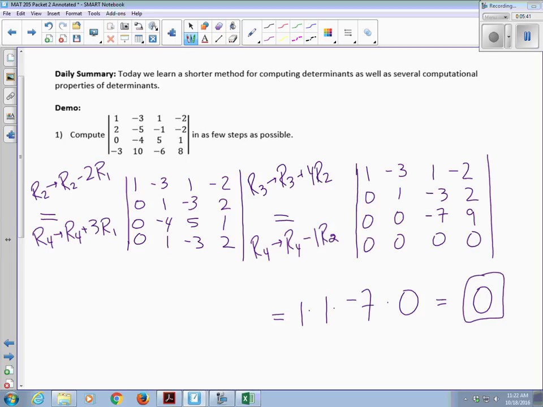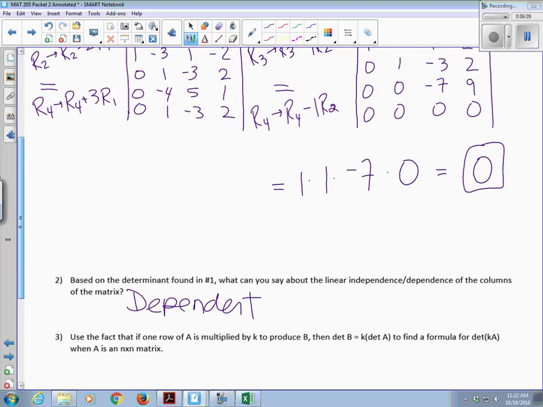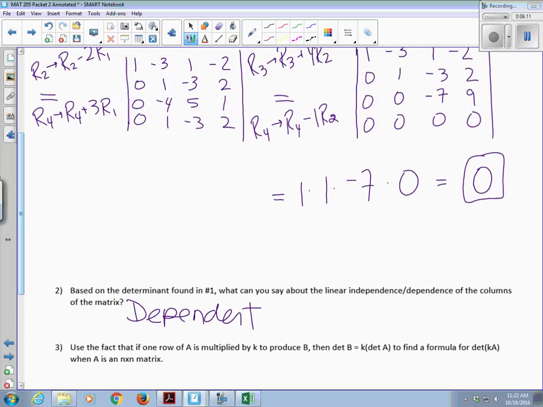tells me that the inverse of this matrix does not exist. And then the whole list of the invertible matrix theorem now applies, right? So if I know that the inverse doesn't exist, I know that the columns of this matrix are linearly dependent, right? So that's what finding determinants is useful for, right?